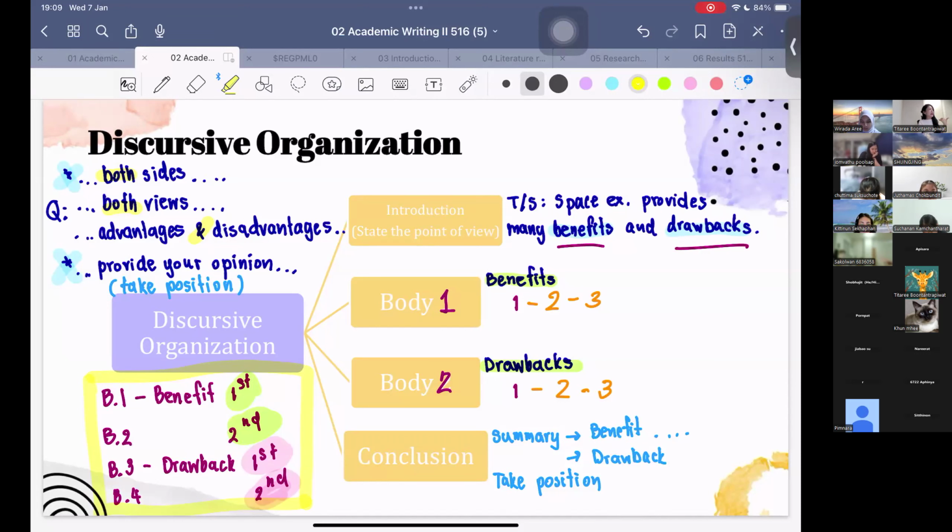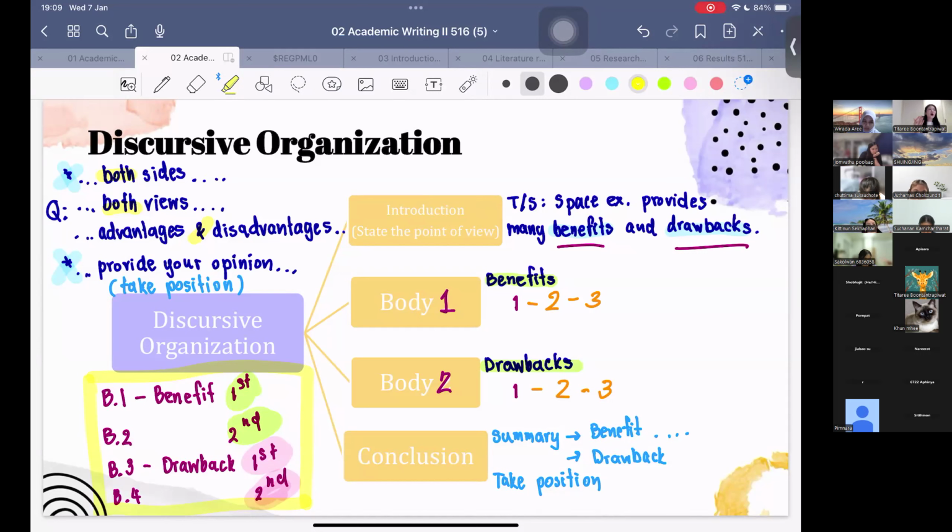Some questions might also ask another thing: what is your opinion? If the question asks you to write both sides, technically you just write both views, the negative and positive things about that issue. However, if an extra question is asked, like what is your opinion based on this, it means that you need to answer and tell your position.